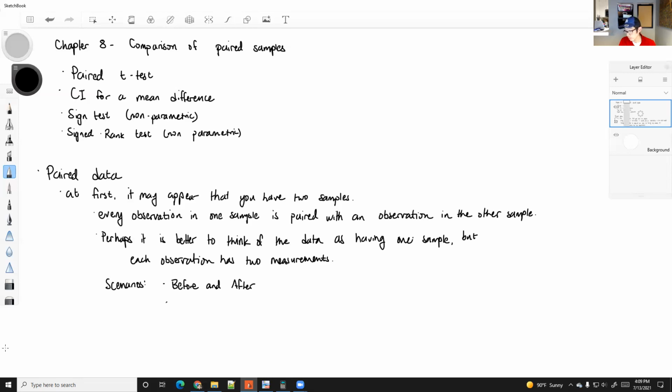You can have twin studies, which I would say is fairly rare, but hard to pull off. But a lot of times you'll have matched cases. Let me pull up an example from the textbook here.